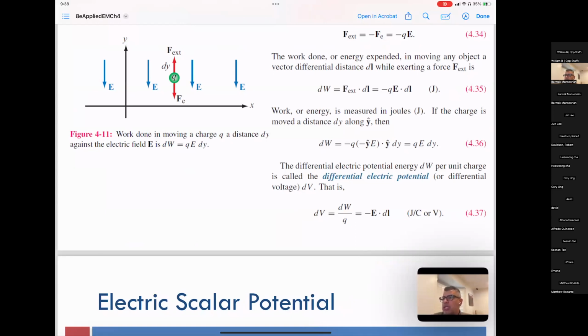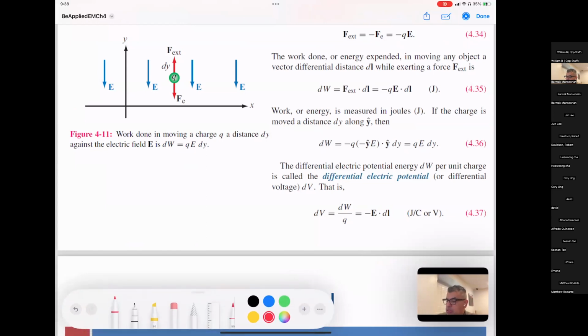In free space, that ground would be infinitely far away from our charge. But in the lab, it might just be the ground line where that charge doesn't feel any potential energy. So we're defining the potential difference from whatever point we're measuring to that ground. That's by convention. But really, potential is a differential value, as you see in this equation.